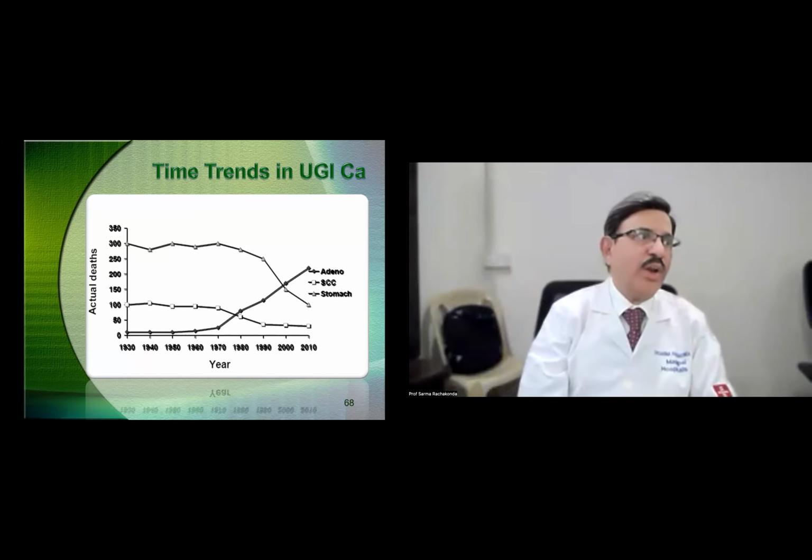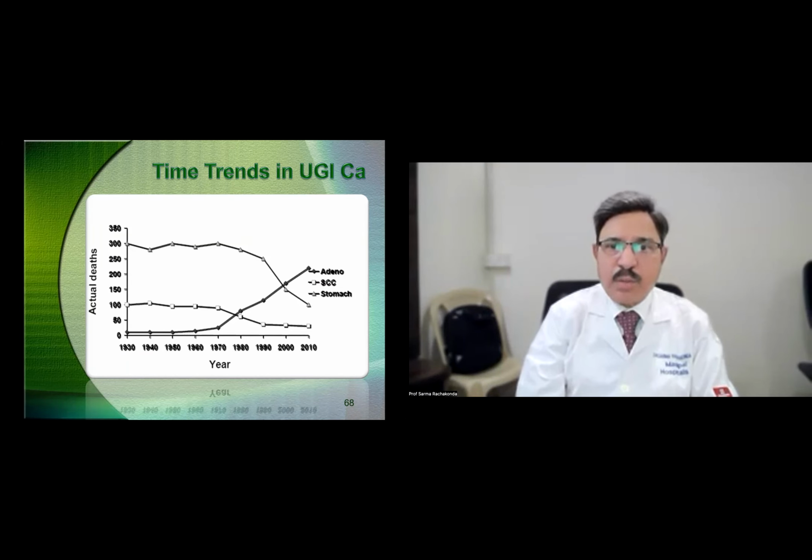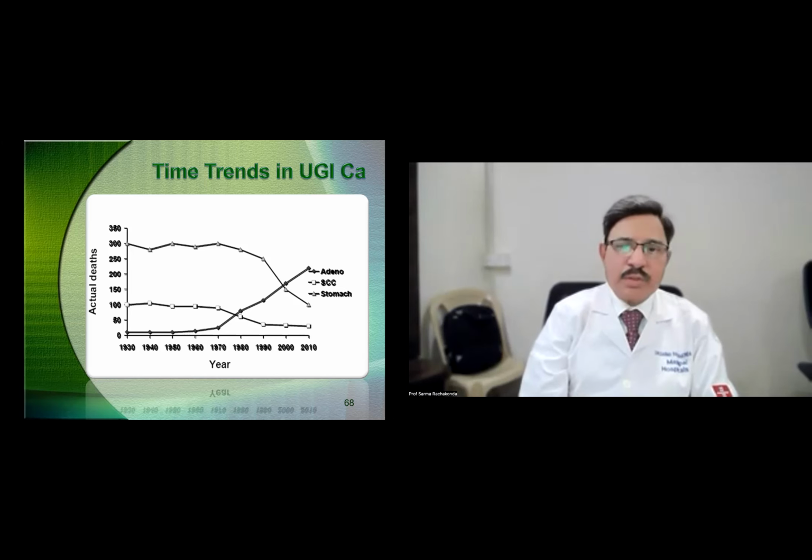Whereas if you see the second line, which is the squamous cell carcinoma, it was very high to start with, but slowly after 1975, with the advent of PPIs, it is coming down.